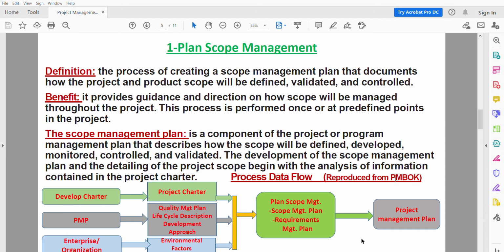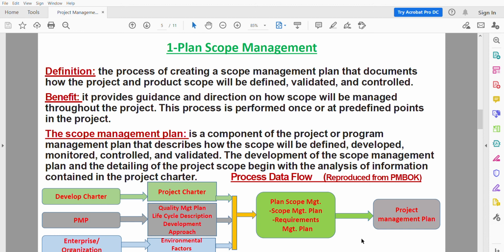The components of the scope management plan include a process for preparing a project scope statement, a process that enables the creation of the work breakdown structure from the detailed project scope statement, a process that establishes how the scope baseline will be approved and maintained, and a process that specifies how the formal acceptance of the completed project deliverables will be obtained.